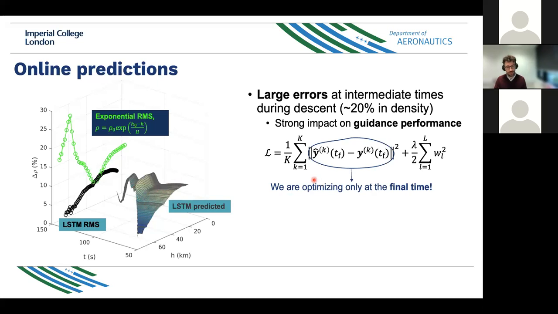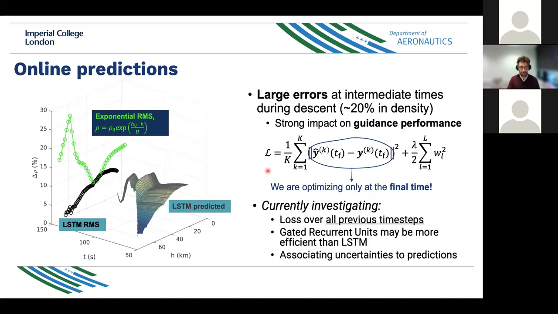This is probably due to the fact that our loss function only takes into account samples at the final time, while it really should consider also all samples in between, which might also necessitate an LSTM architecture that's slightly more complex. This is something that we're currently investigating, and other things we're looking into are using gated recurrent units, which I've been told might be more efficient than the LSTM architecture.